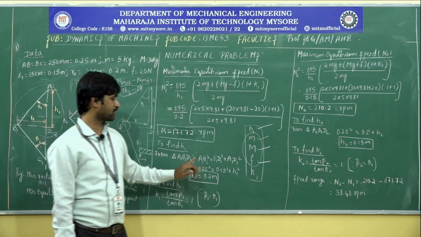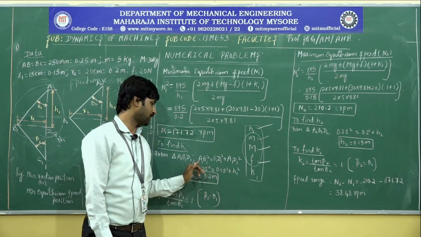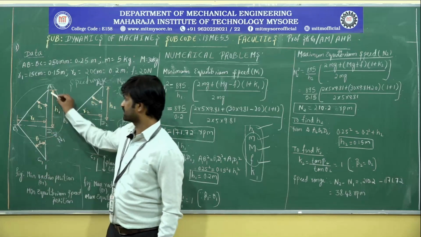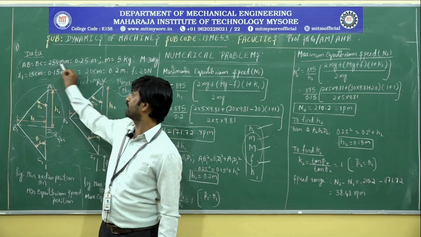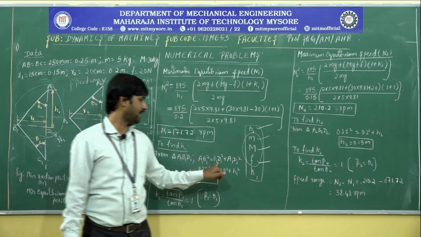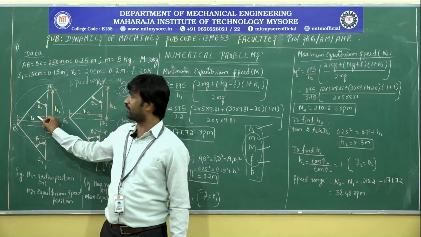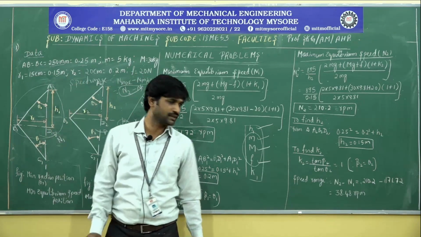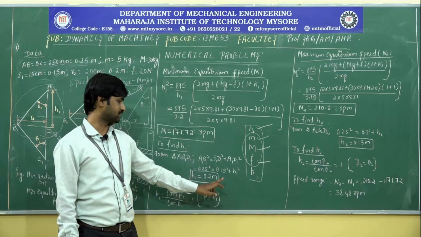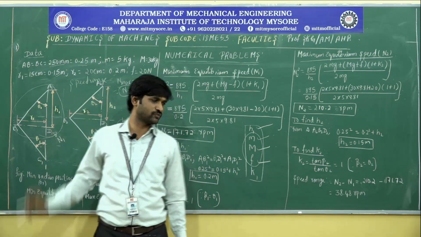So by using Pythagoras theorem, we have written this formula. When I substitute the value of A1 B1, it is given that the value of A1 B1 will be equal to 0.25 meters, and the value of B1 D1 will be equal to R1. The value of R1 given is 0.15 meters, and then the value of A1 D1 will be equal to H1.